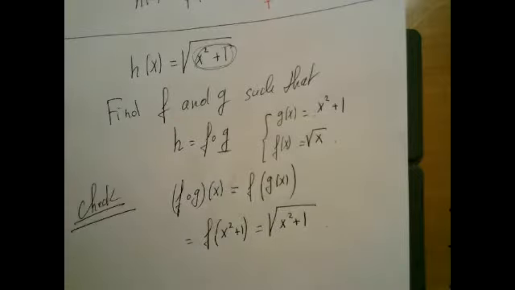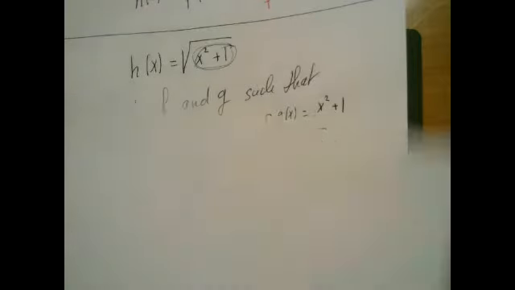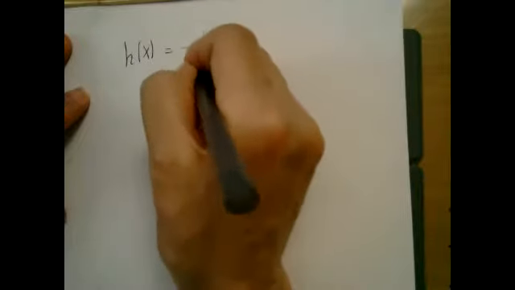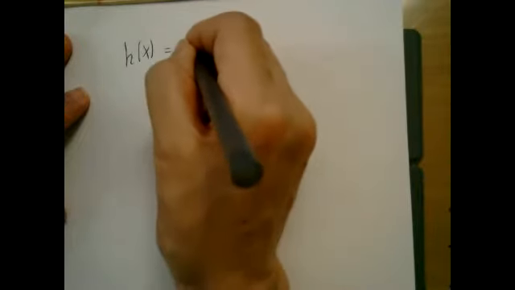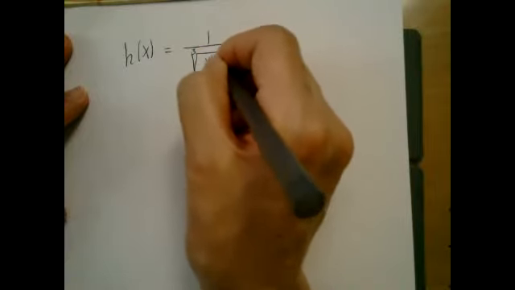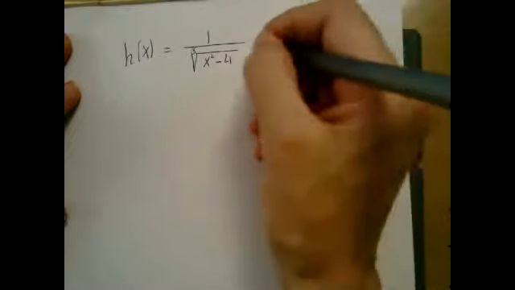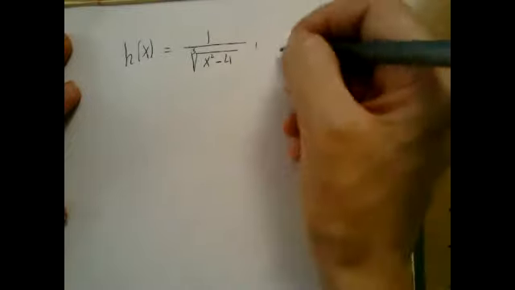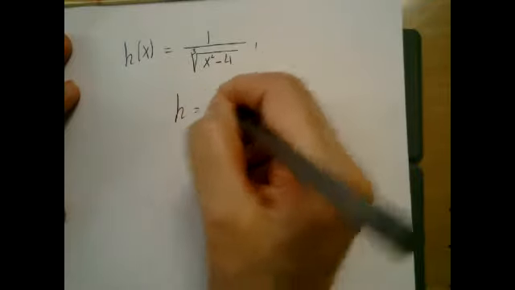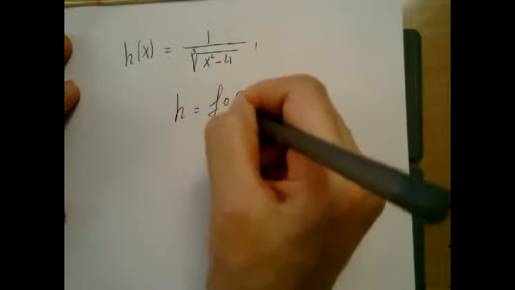Okay, I'll ask another simple one. Actually, I have two more, and then we proceed. The question is the same type of question. Let us say h of x is 1 over the cubic root of x squared minus 4. The question is the same. I want f and g such that h can be written as f composed with g.